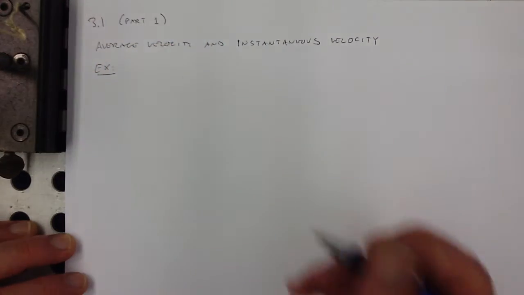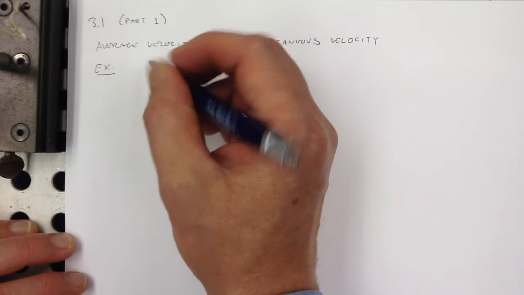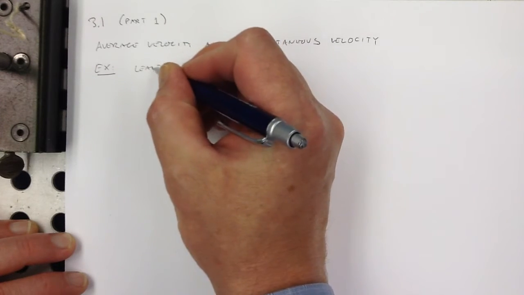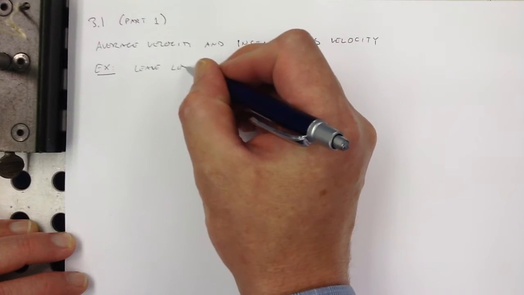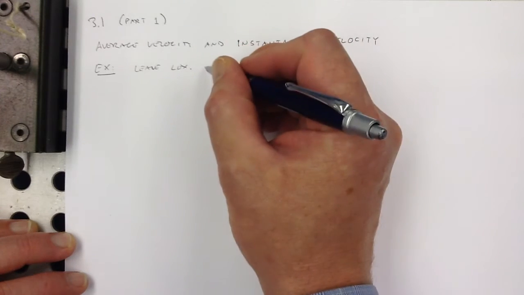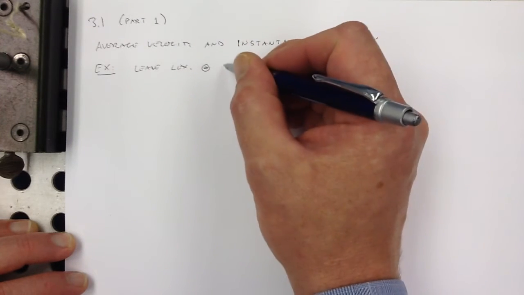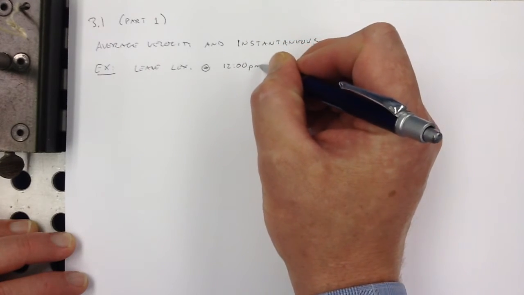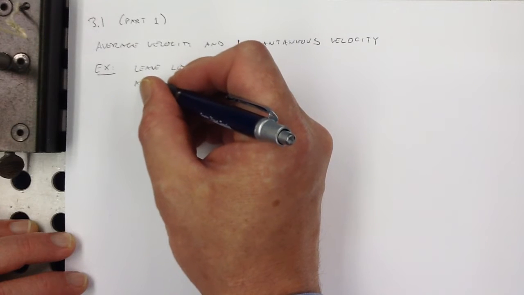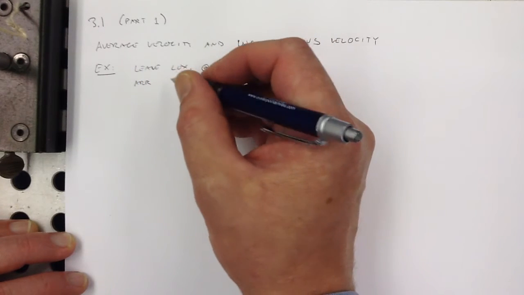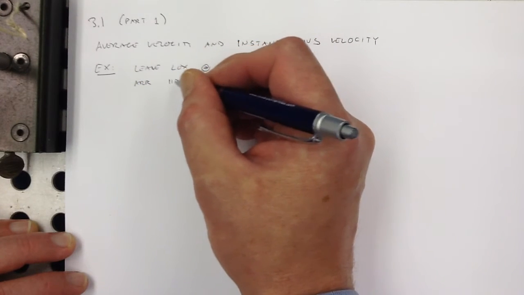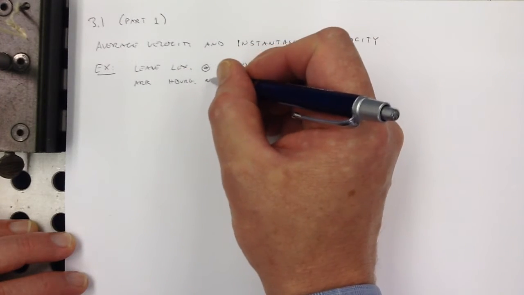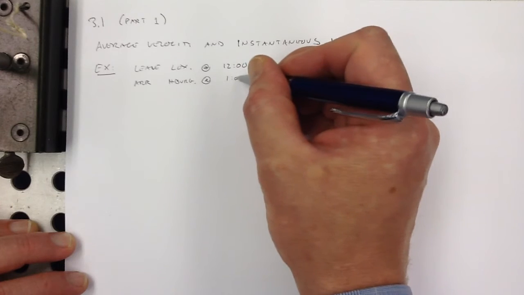think about an example. Let's say you leave Lexington at noon and you arrive in Harrisonburg at 1 o'clock.